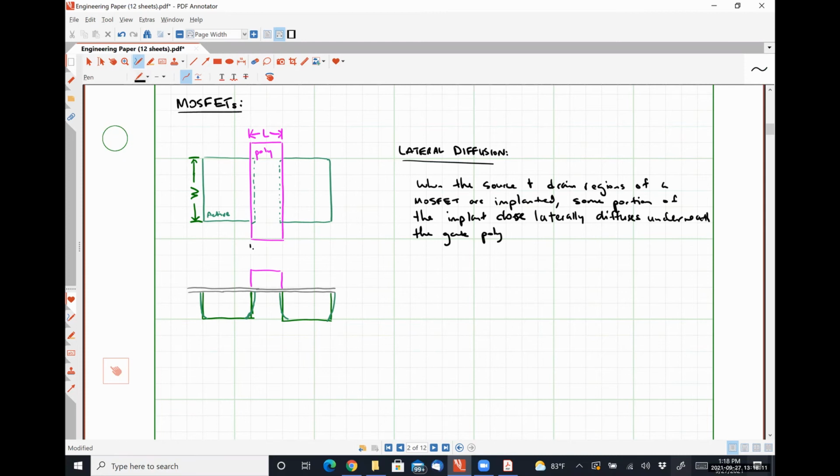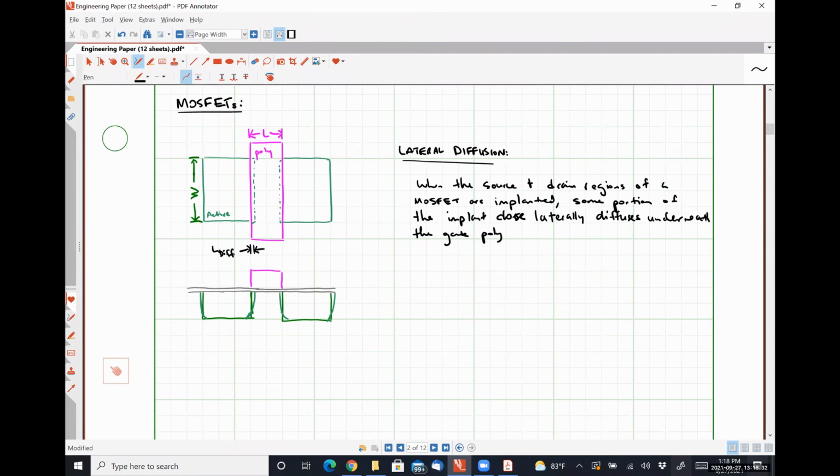Exactly right. So we have this tiny region right here that I'm going to call L diff. So our length is getting smaller.